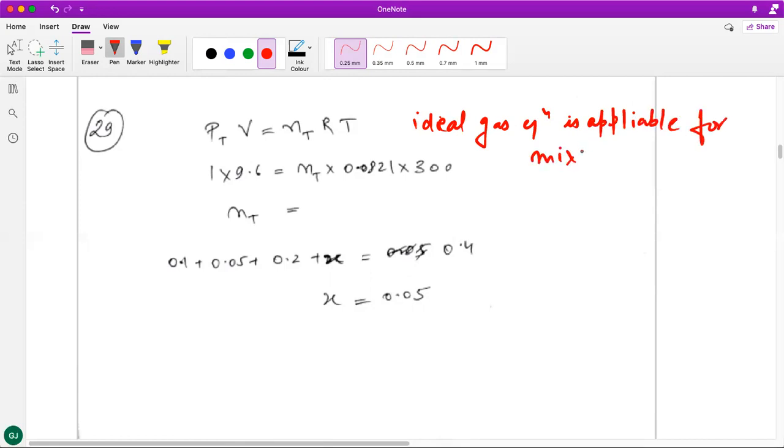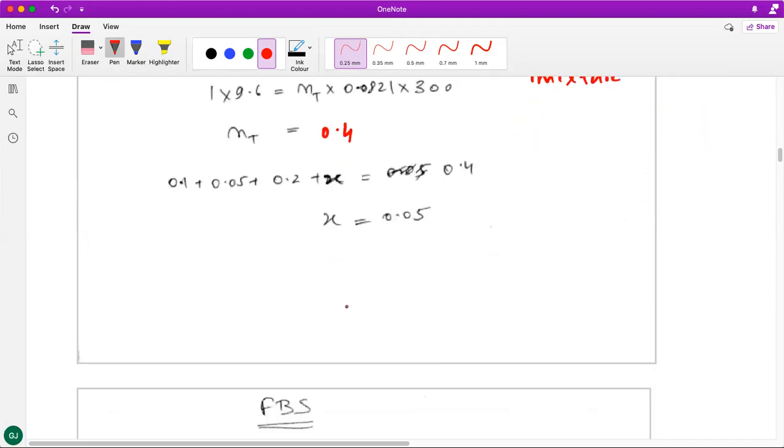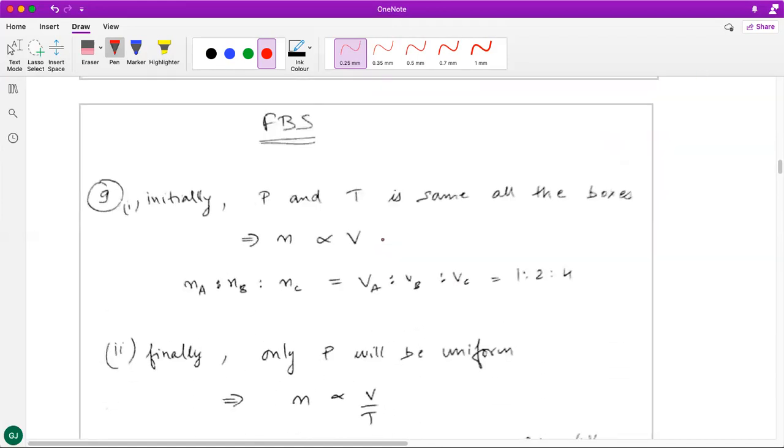So that is what we did here, that total pressure is equal to total moles into RT upon volume, and as a result we calculate the total moles, right? This total moles came out to be 0.4, and it will be the sum of the moles of all the gases, and we got the answer for the moles of the unknown gas.